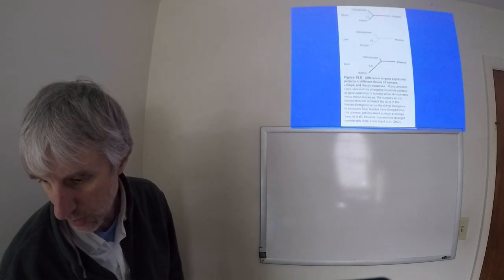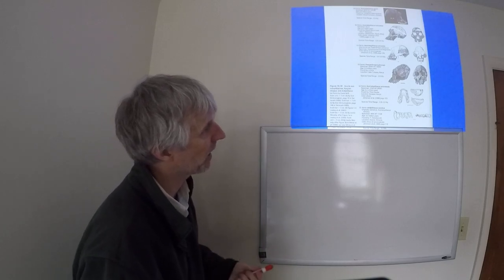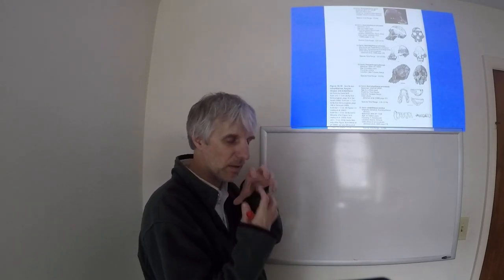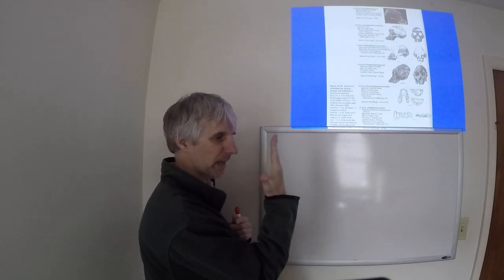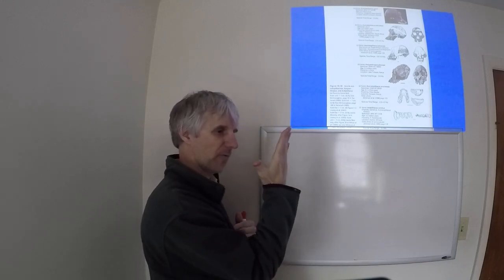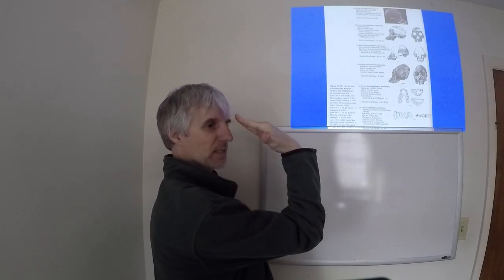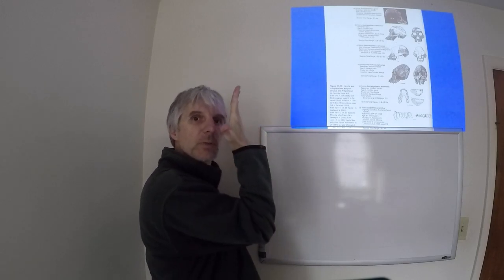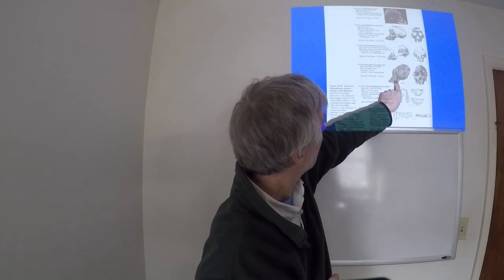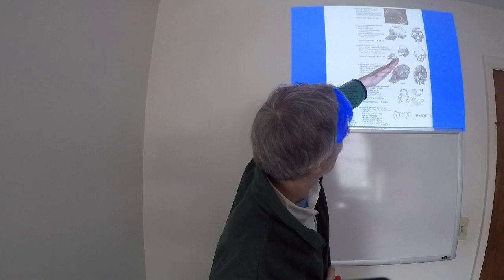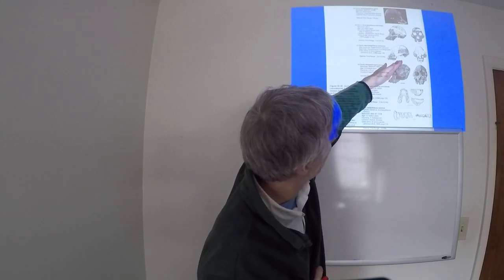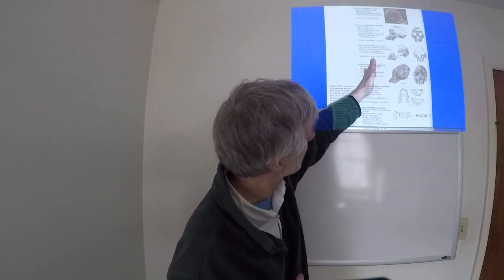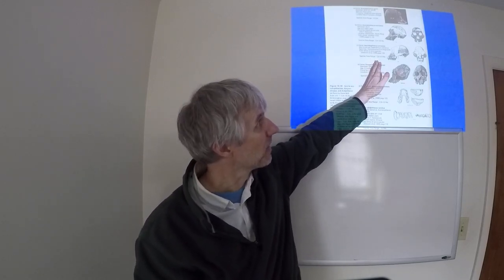Now, what you could see, at least trait-wise, is differences in the elongation of the skull and how much this frontal part of the face kicks out this way or is pushed more upward. So if you look at like the Kenyanthropus, that angle on the skull is very large, whereas a Homo sapiens skull, the front of the face is more pitched like this.